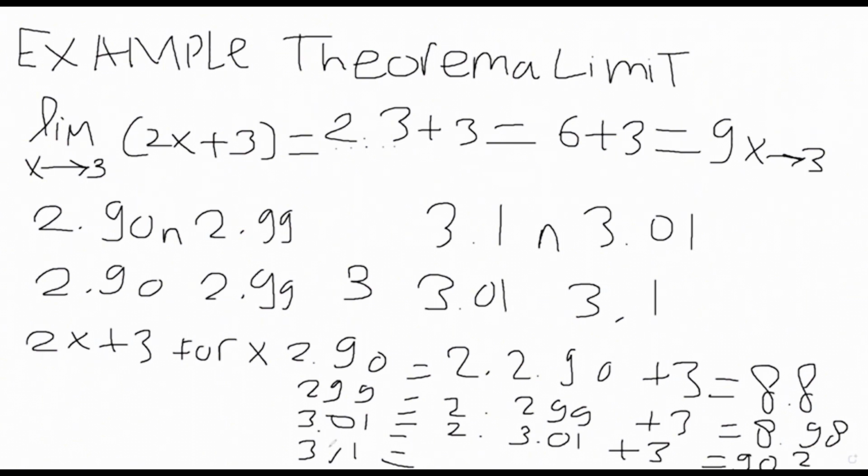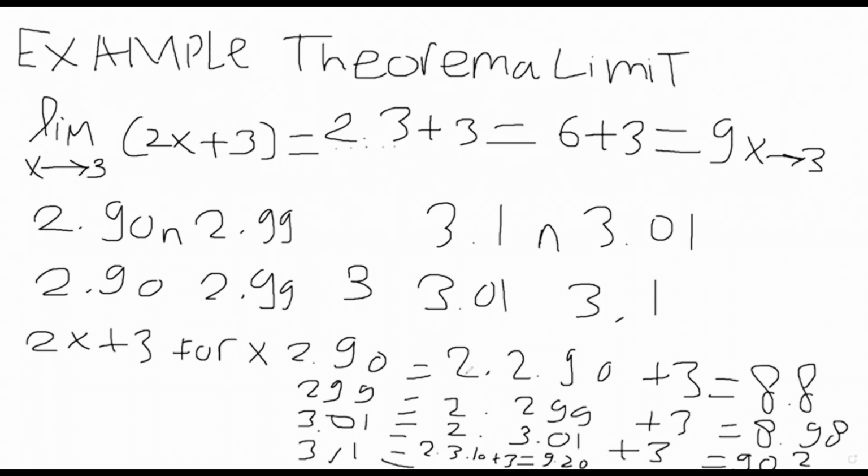For 3.1, just place it like this: 2 times 3.1 plus 3 equals 9.2. So this is just the example of the hard way.